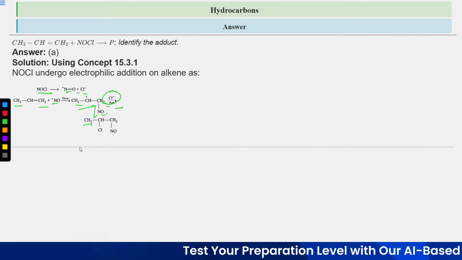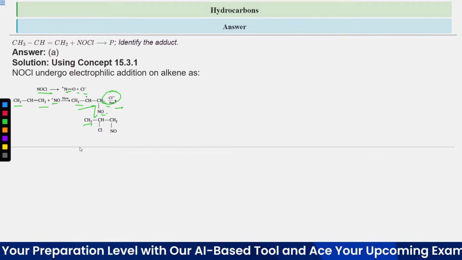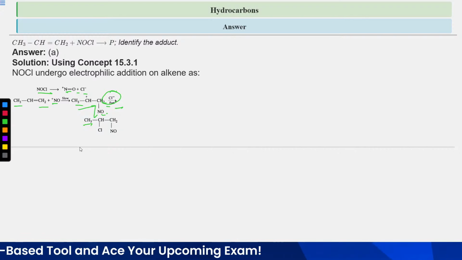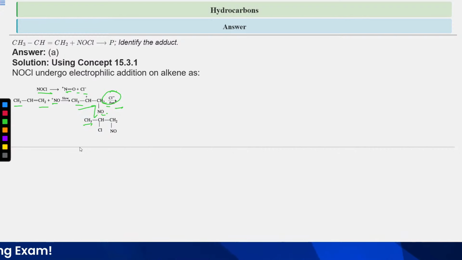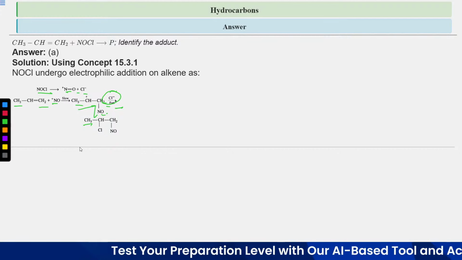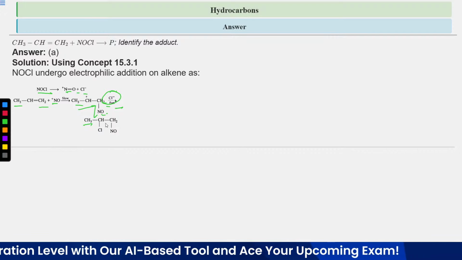The product formed will be CH3 single bond CH single bond Cl single bond CH2 single bond NO. You can see that this is a 3-carbon propane compound, and at the second carbon we have chlorine, at the third carbon we have NO, right? So this will be the final product, and thus the correct answer is option A.